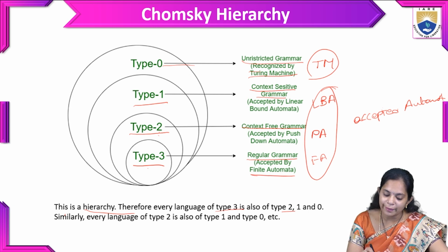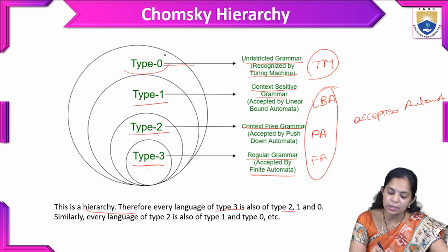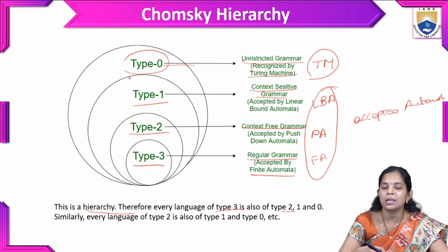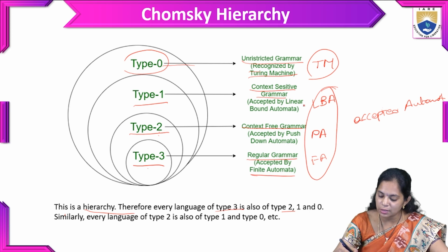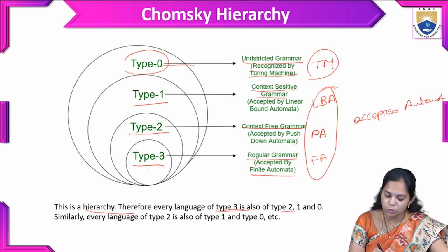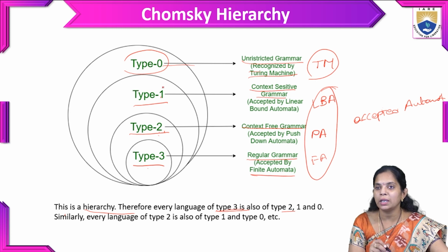With type 0 we can form all the remaining automata. So every language of type 3 is also type 2, type 2 is also type 1, and type 1 is also type 0.